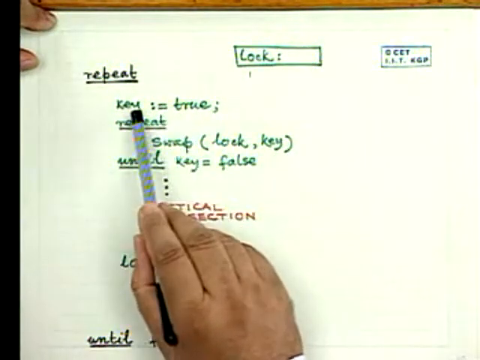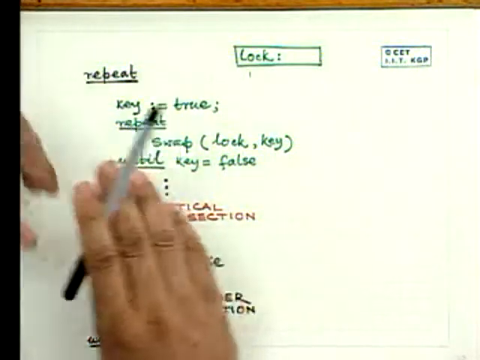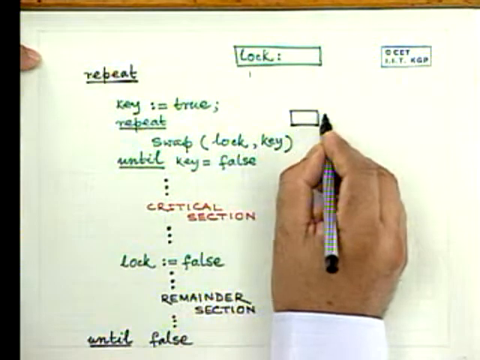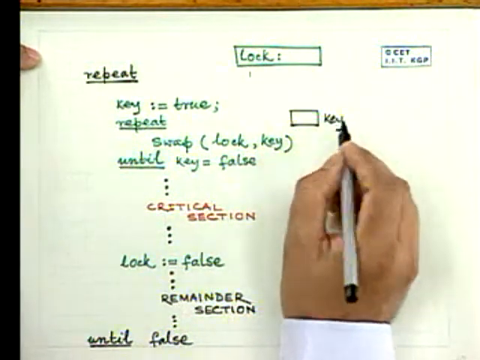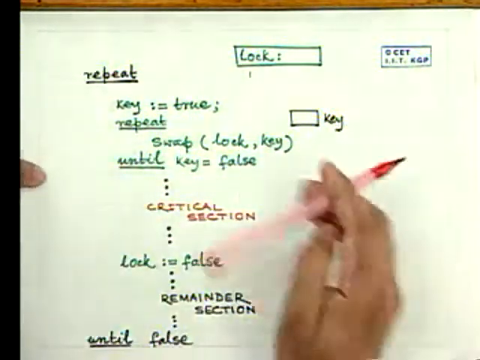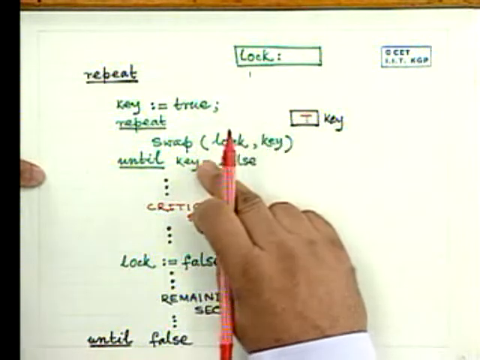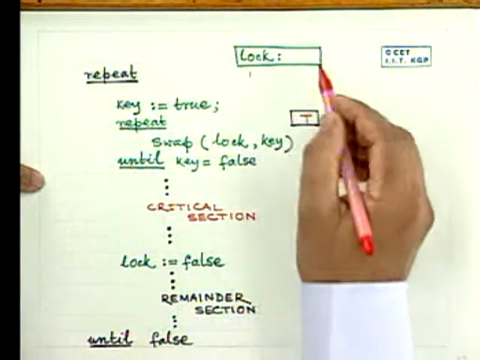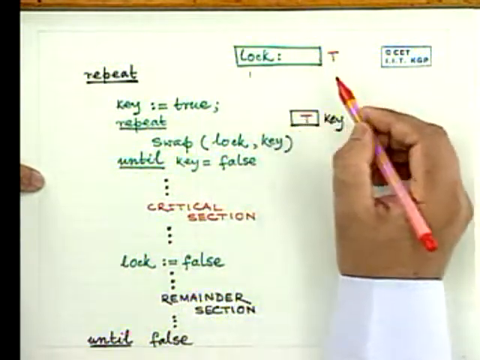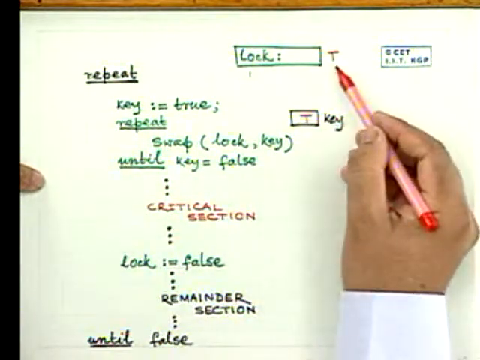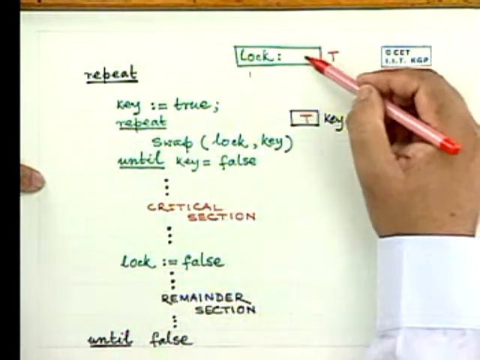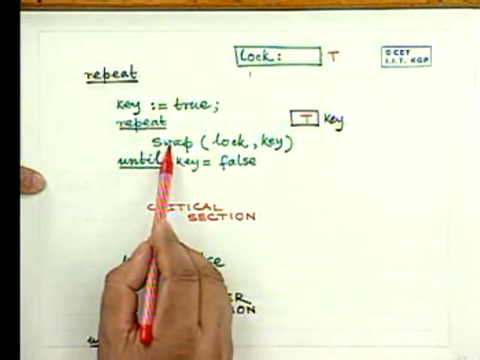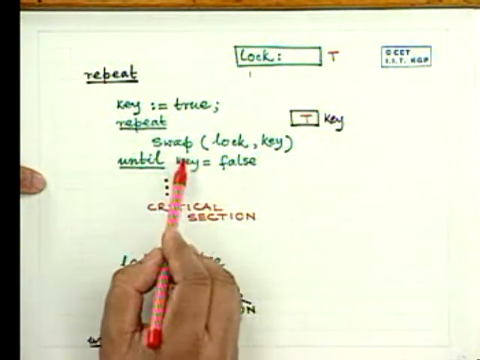Now after key has been made true, say key is a local variable here, it exchanges the value of the lock and key. Now say the lock was true. If lock is true, in that case the key will also get a value of true and lock will get a value of true. Then you see that this repeat swap instruction will go on being executed indefinitely.